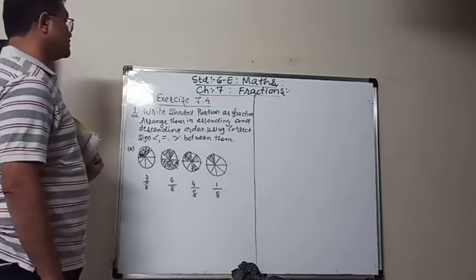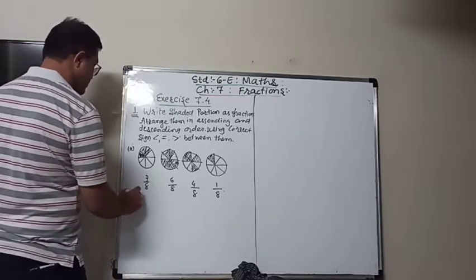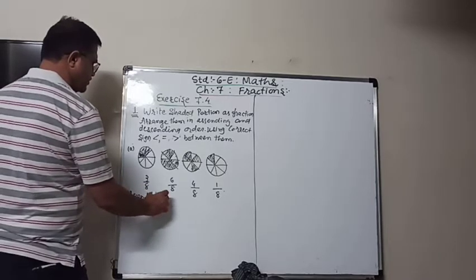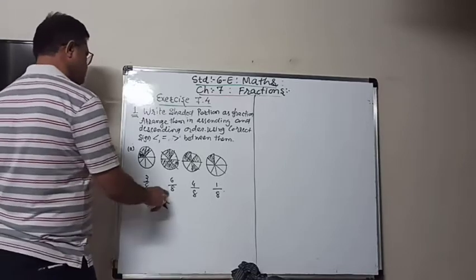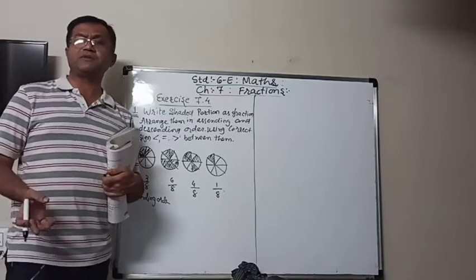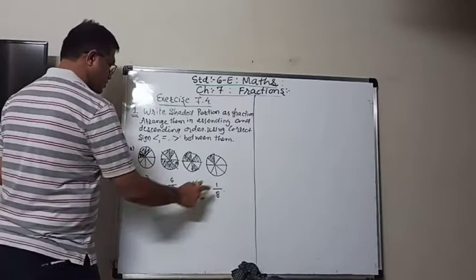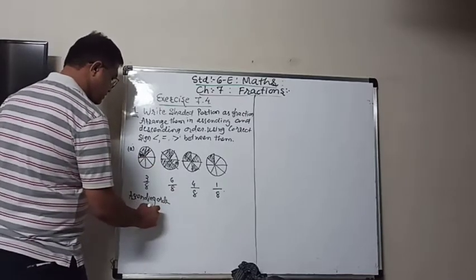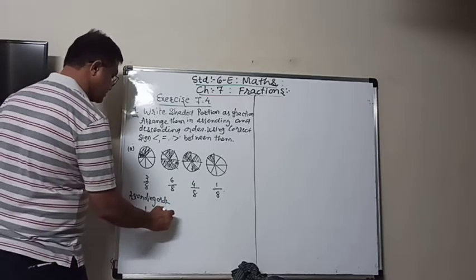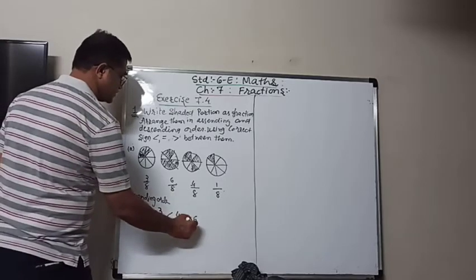So now we have to write down in ascending and descending order. So now ascending order. We know that here all are like fractions as they have the same denominator. So we just have to compare the numerators. Which is the smallest? So 1 by 8 is less than 3 by 8, which is less than 4 upon 8, which is less than 6 upon 8.